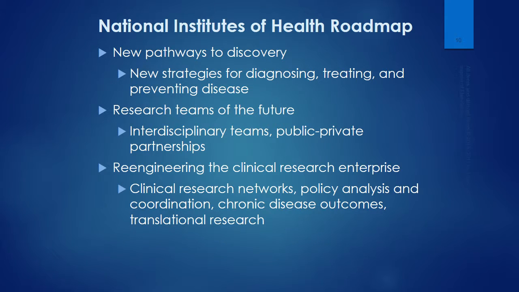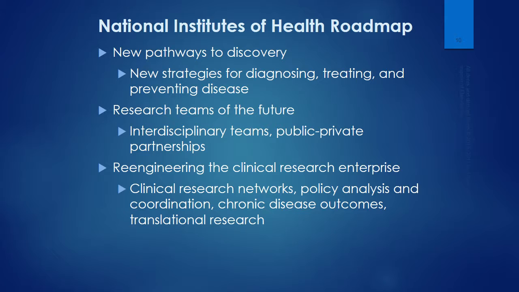The National Institutes of Health, or NIH, roadmap includes new pathways to discover, new strategies for diagnosing, treating, and preventing disease. NIH also addresses research teams of the future, such as interdisciplinary teams and public and private partnerships. The roadmap includes re-engineering of the clinical research enterprise.